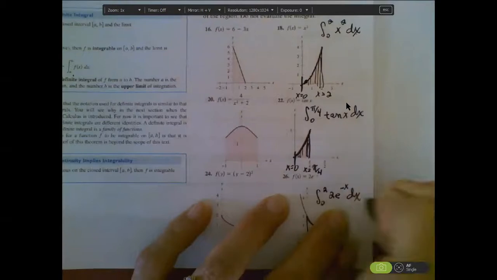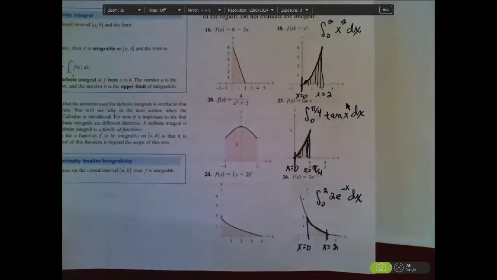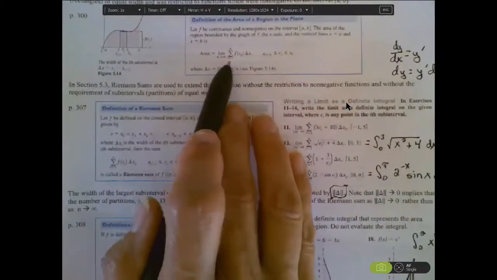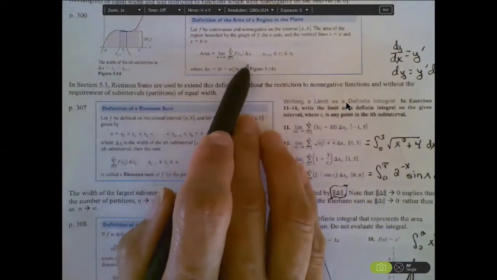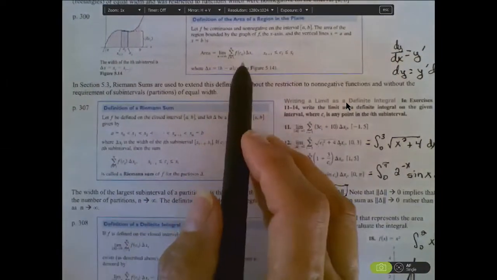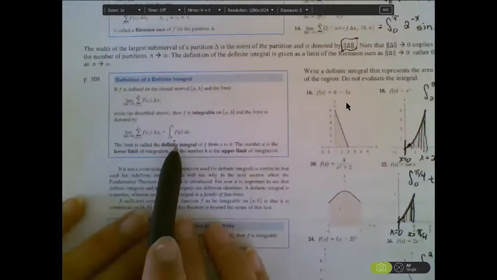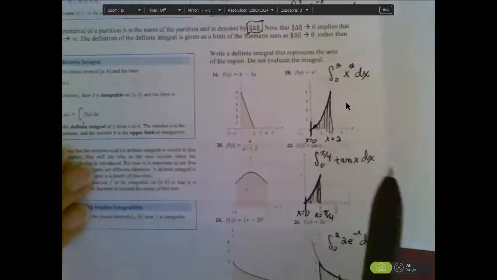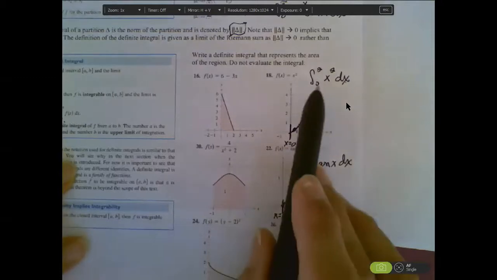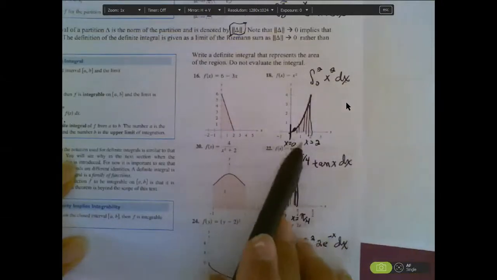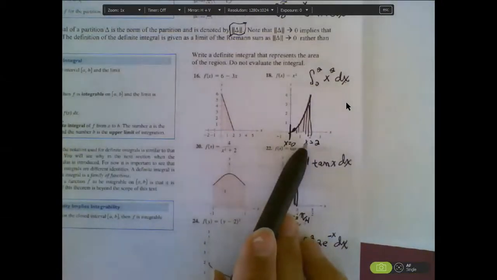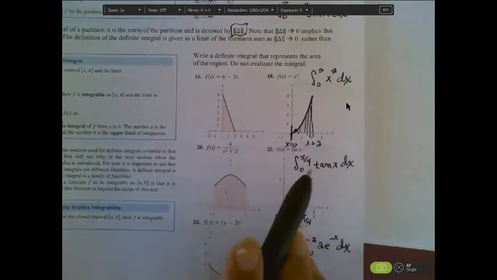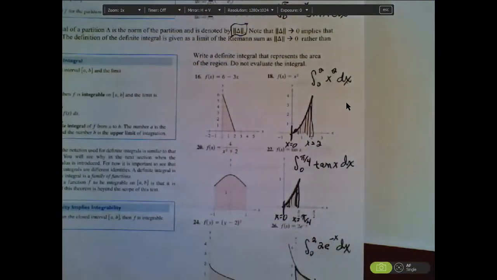Yep, absolutely. So now I understand this definition, and I understand that this definite integral would give me that area as long as my function is continuous from a to b and non-negative from a to b.